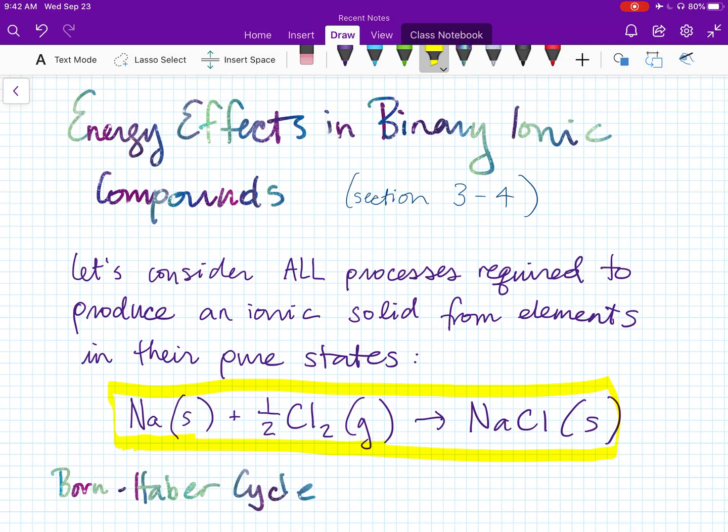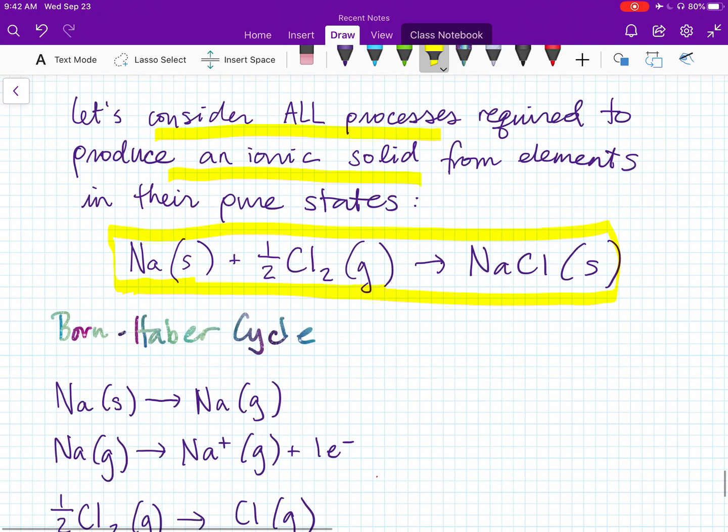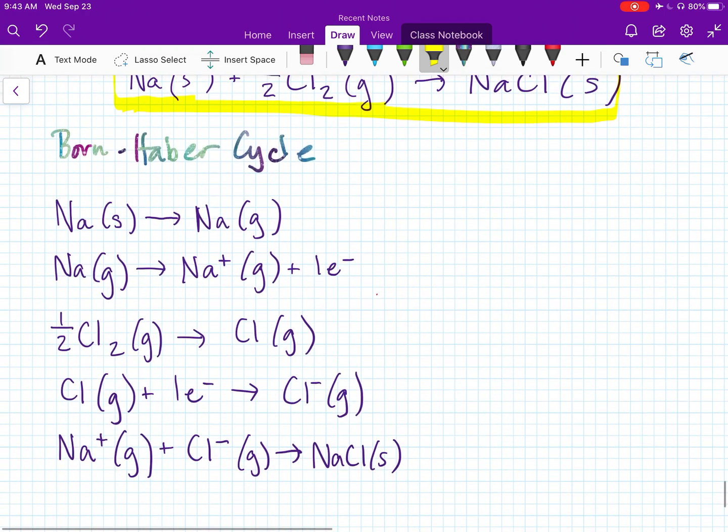So now I want to break this reaction down and consider all of the processes that would be involved in producing that salt, in producing that ionic solid from its component elements in their pure elemental states. We can do that using a cycle of reactions called the Born-Haber cycle. This is actually a cycle of both physical and chemical processes.